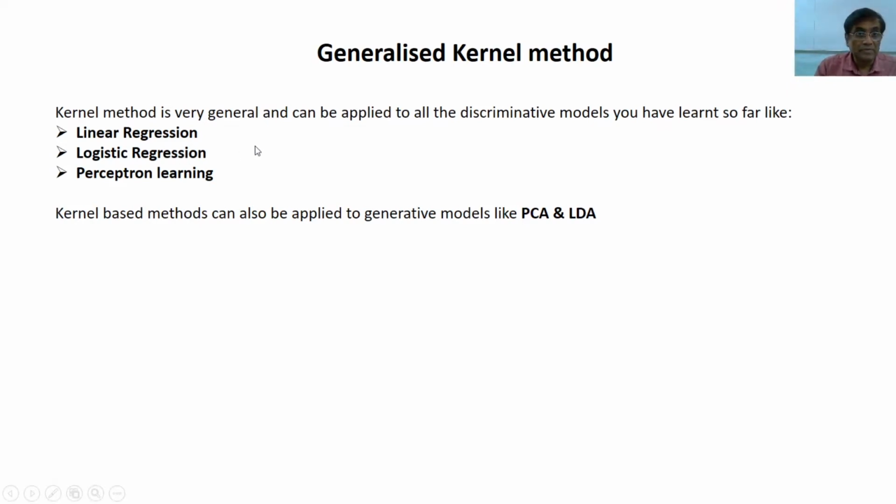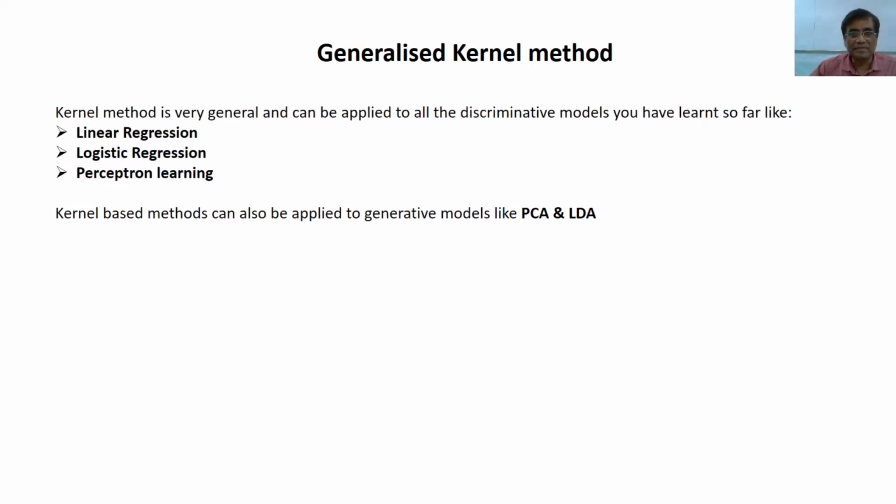So it works pretty well, and the only thing you will have to do is modify these algorithms so that there is a dot product in the training samples. That is called kernelization of linear regression, kernelization of logistic regression, kernelization of perceptron learning.